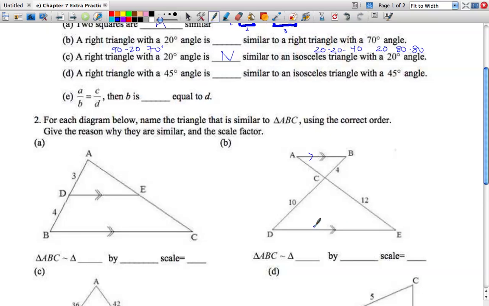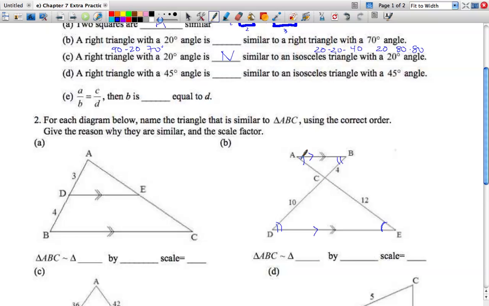Okay, so we have this thing going on, which means that this angle must be congruent to angle E by vertical angles. Likewise, angle B and angle D are congruent because of, not vertical, alternate interior. And of course, you know that angle C and angle C have to match up.